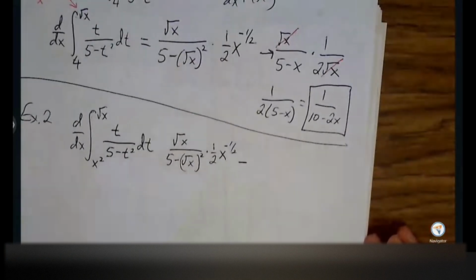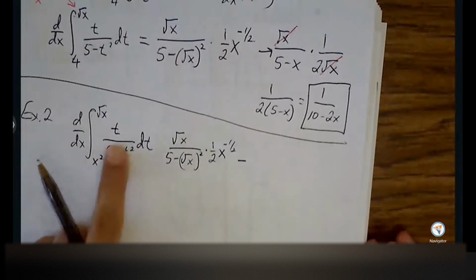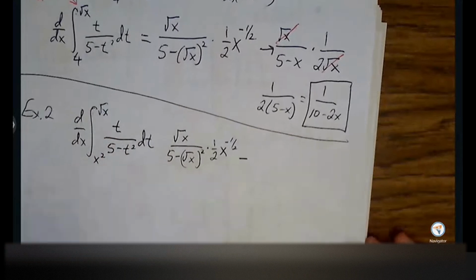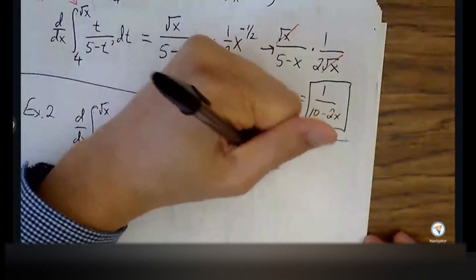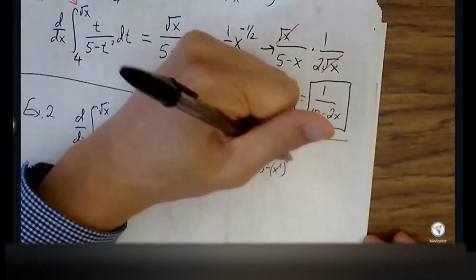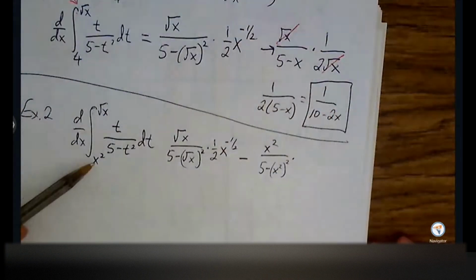Okay. Repeat the same process with my lower bound. Replace all my t's with my lower bound. Times my lower bound's derivative.